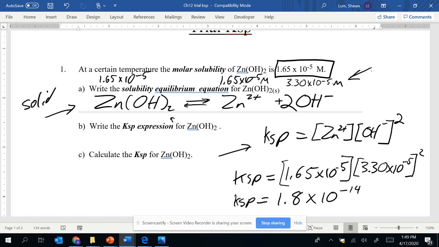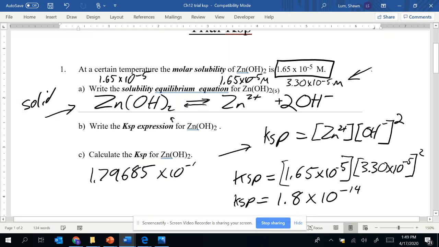Now, as we know, KSP does not have any units, so we're just going to leave it like that. Technically speaking, the number that came up in my calculator was 1.79685 times 10 to the minus 14.